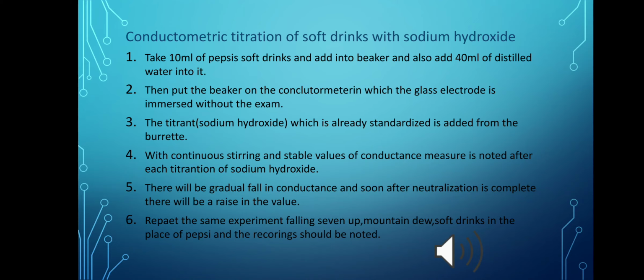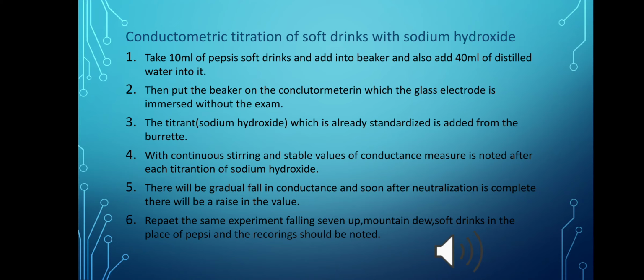Step 3: take 10 ml of Pepsi and add it in a beaker and add 40 ml of distilled water in it, and put the beaker on the conductometer in which the electrode is immersed without touching the bottom.